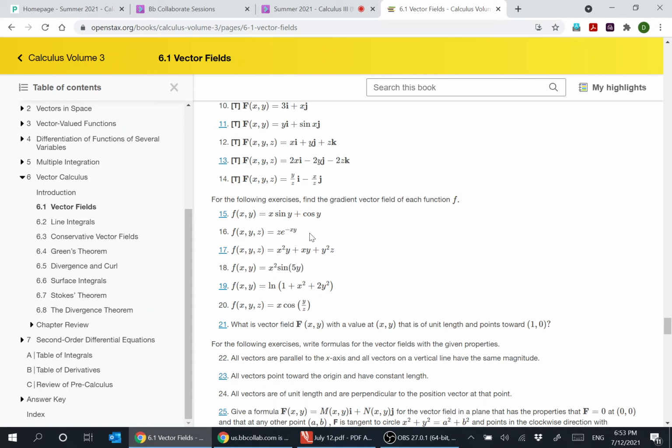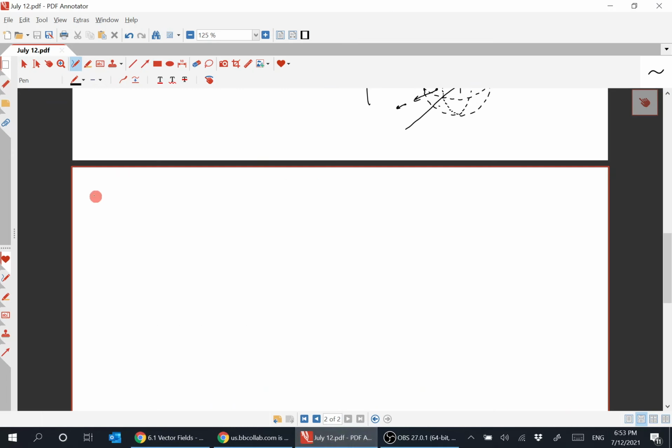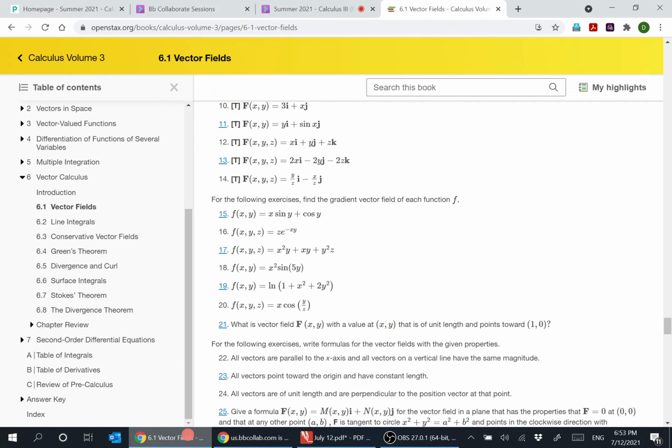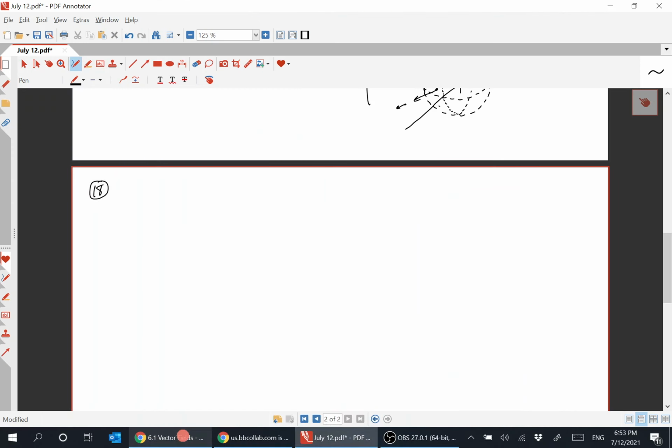A three-variable function has a special vector field associated with it in three dimensions called the gradient field. And it's the same gradient that we've been looking at since chapter 4. So in number 18, we've got the function f(x, y) is x squared sine 5y.